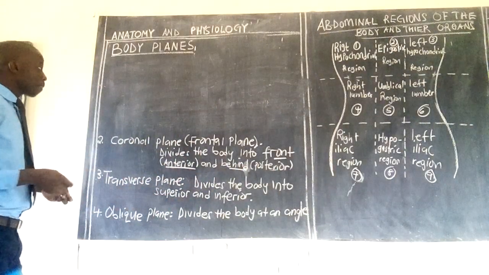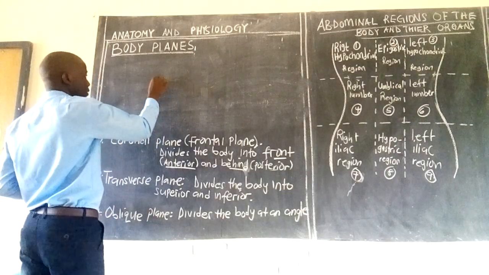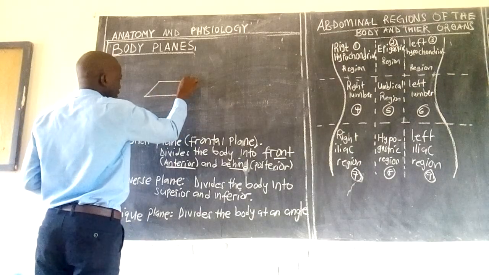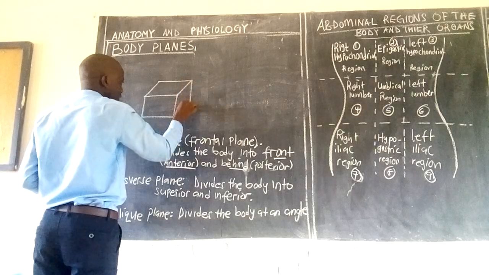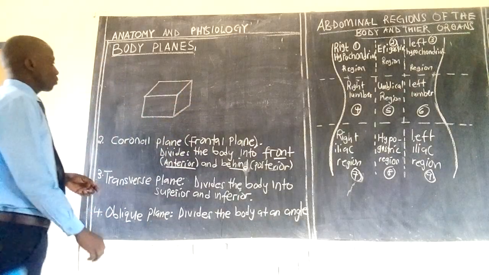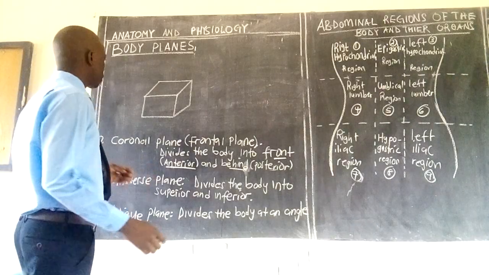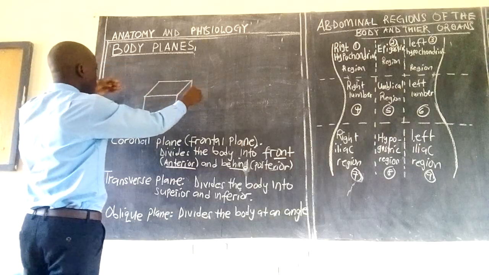So, if this is my body structure here, I'm supposed to dissect it in a way that creates a front part and a behind part.